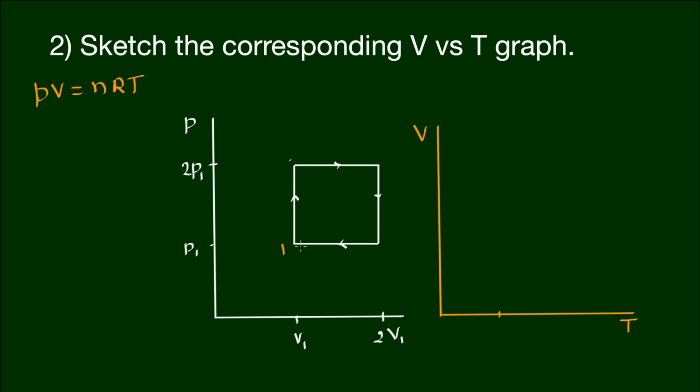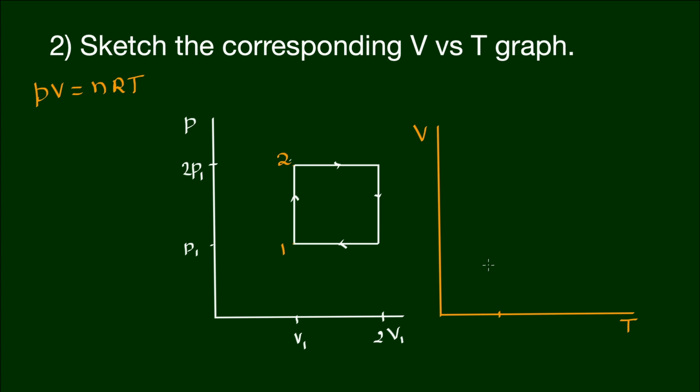What we're doing is we are going from 1 to 2. This is a constant volume process called an isochoric process. So the volume is constant, but the pressure is increasing. So if you look at this equation, if you keep the volume constant and increase the pressure, the temperature is going to be increasing.